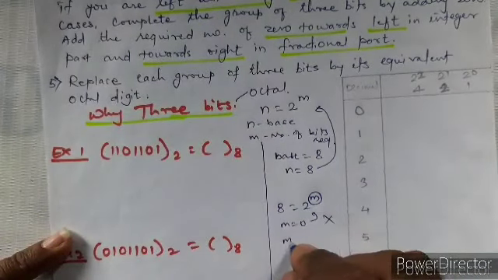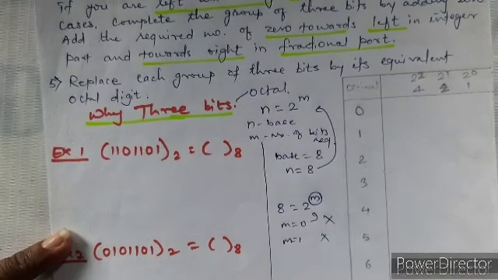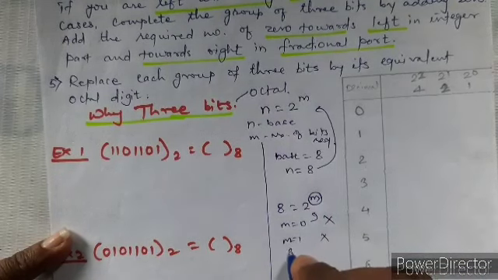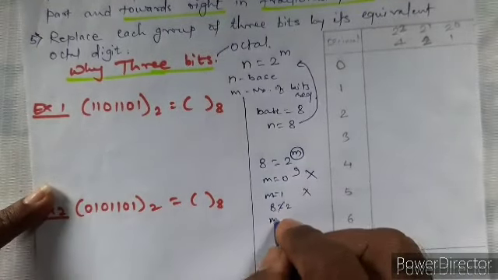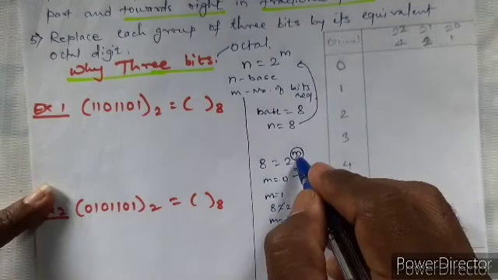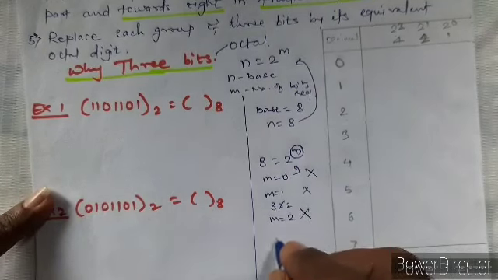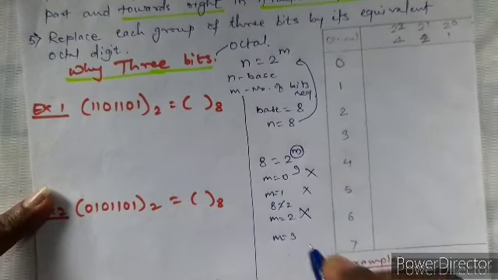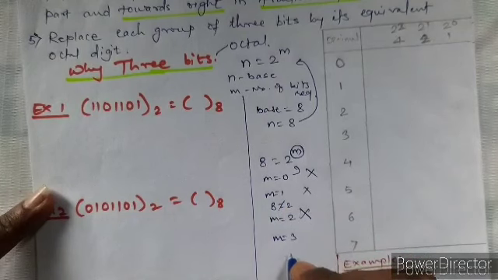Okay, if m equals 1, again, does it satisfy this equation? Because 8 is not equal to 2. Now if I take m equal to 2, 2 square is 4. Is 8 equal to 4? No. Now I take m equal to 3. Now 2 cube is 8.